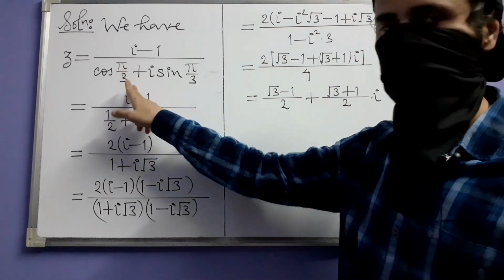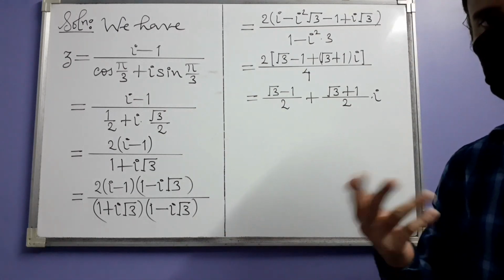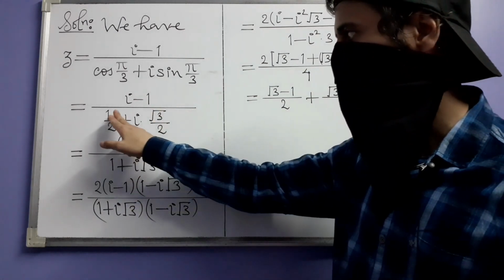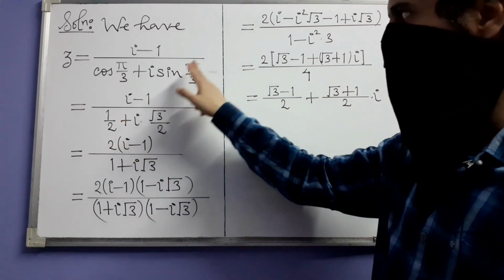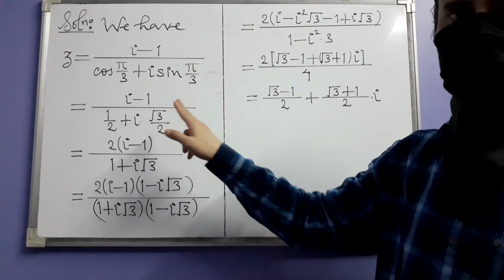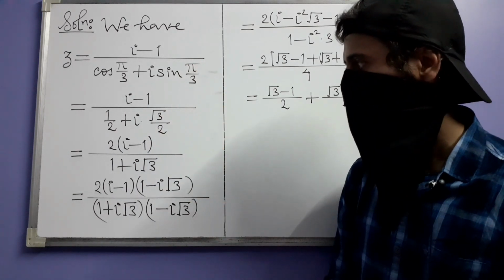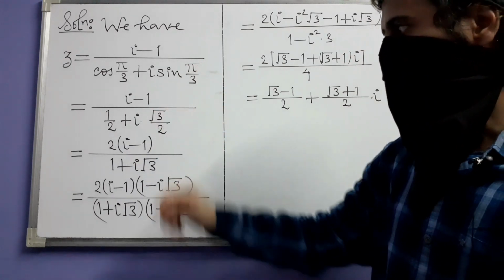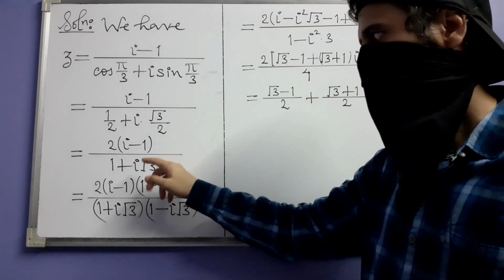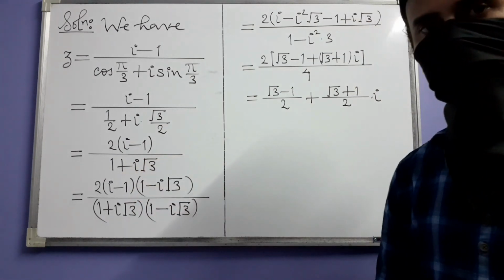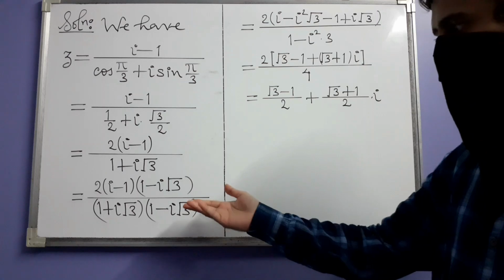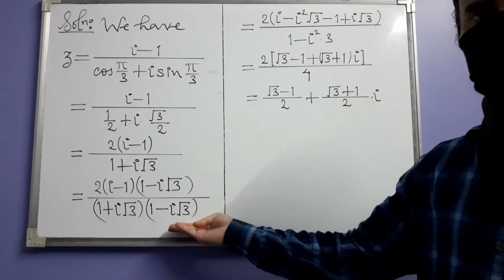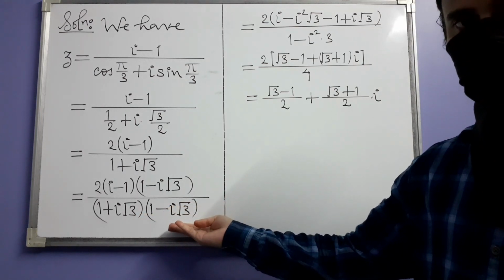The angle involved is pi over 3 radians. So cos pi over 3 radian is 1 over 2 and sin pi over 3 is square root of 3 divided by 2. And then of course this 2 will go to the numerator and the denominator is 1 plus i root 3.